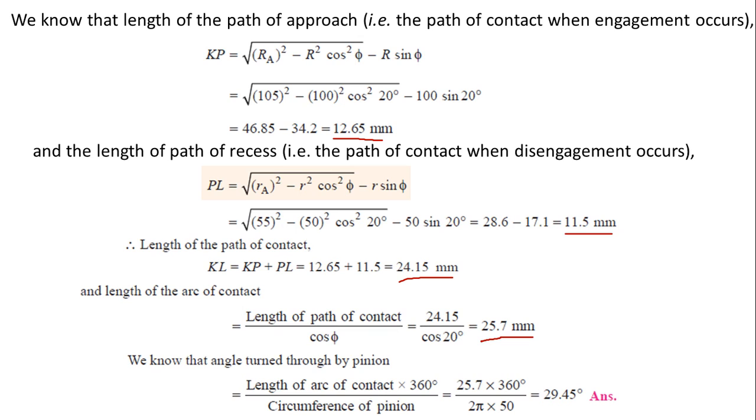And the angle turned by the pinion: last class I had given you the formula. If you multiply by 360 degrees divided by the circumference of the pinion, you get the angle turned as 29.45 degrees. Okay, so this is the answer.